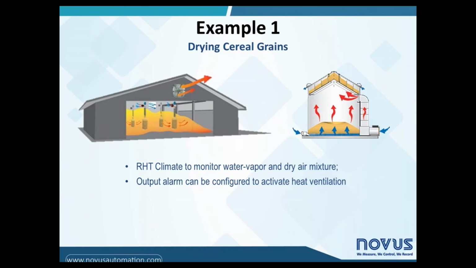This information is used to activate hot ventilation from the bottom floor to the upper exhaust fan. The RHT climate fits very well to this application. If required, an output alarm can be configured to activate the hot ventilation.